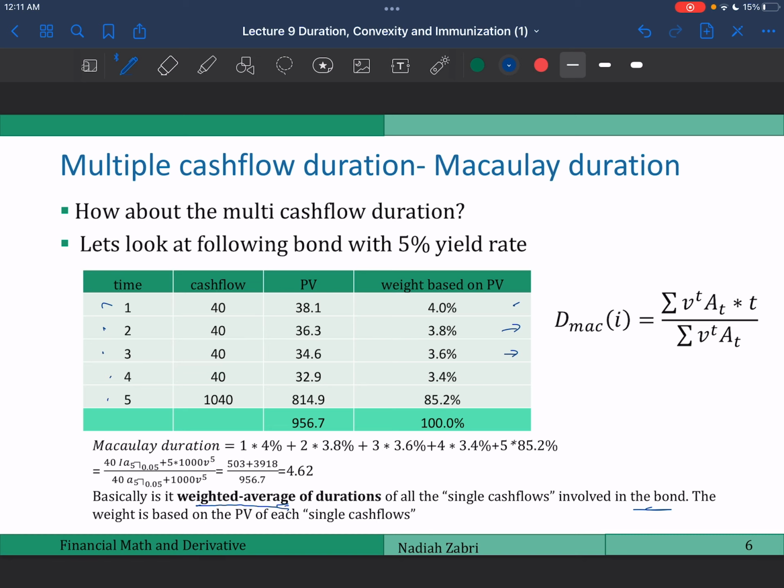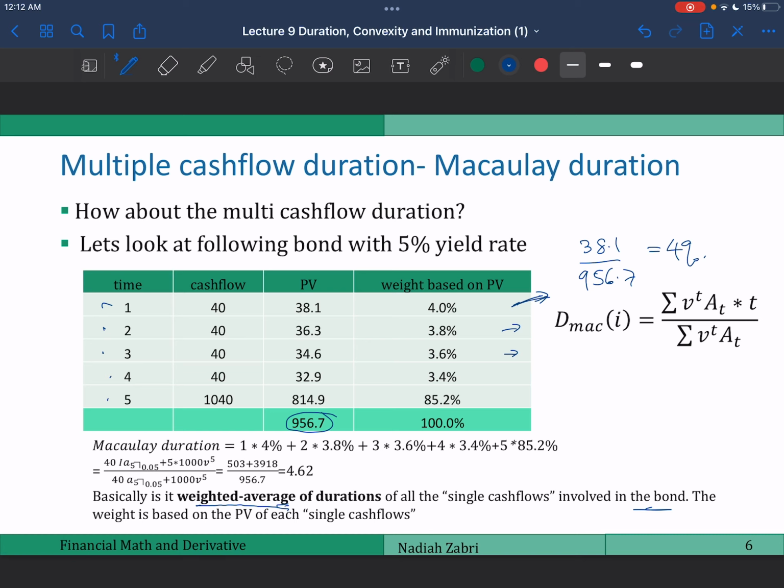So for example, what is the weight for the first cash flow? It will be the present value of the first cash flow over the total present value of the cash flows, which is the price of the asset. So the price is 956.7. So this will lead to 4%.